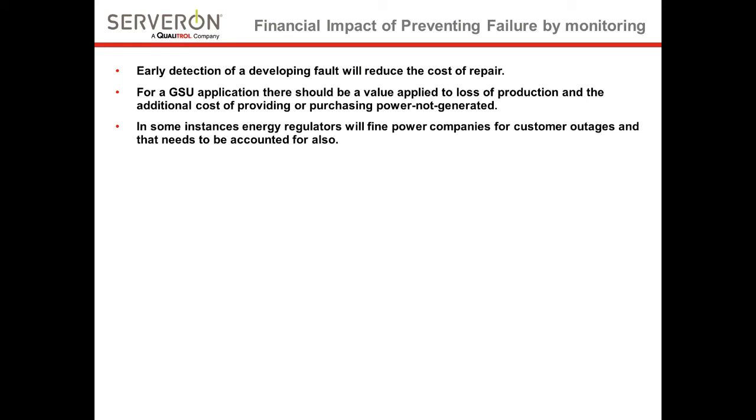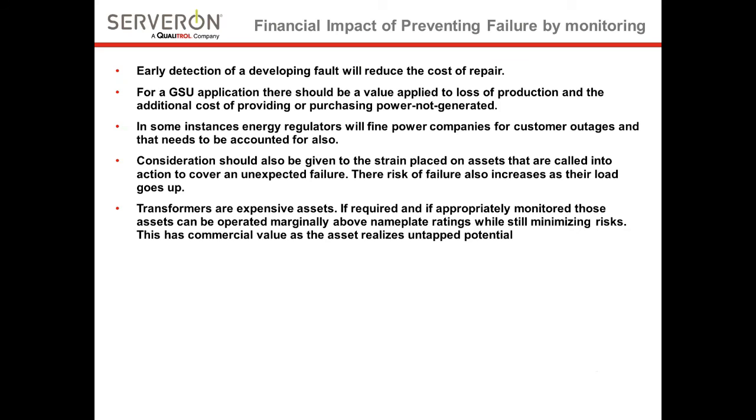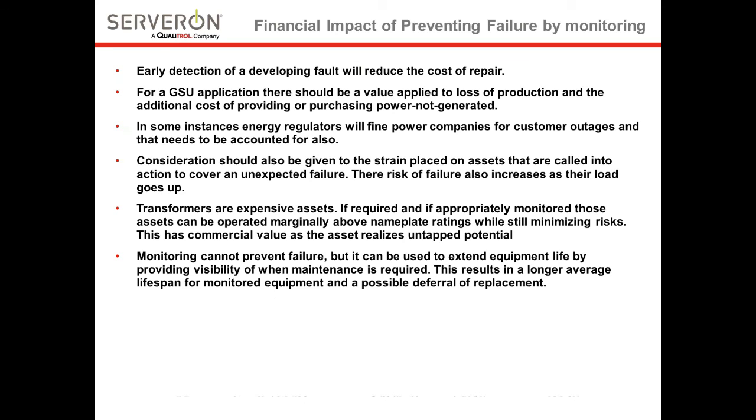Again, does not always apply, and we didn't look at an example. Strain placed on other equipment, IEEE does give a guide for how that can be calculated, and we didn't look at it today. The ability to push the transformer a little bit harder has a commercial value. And while monitoring cannot prevent failure, it can be used to potentially extend the lifetime of the equipment, and there is a cost of money not spent, or a value of money not spent, that should be considered.